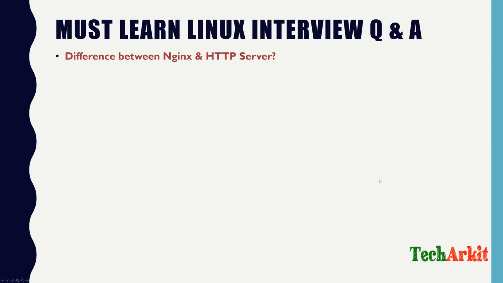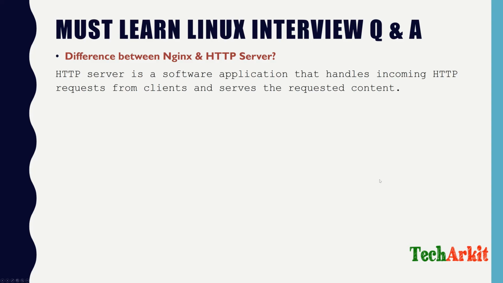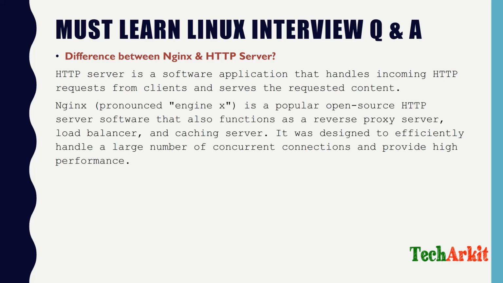Next question is, what is the difference between Nginx and an HTTP server? An HTTP server is a software application that handles incoming HTTP requests from clients and serves the requested content. Nginx, pronounced "engine-x", is popular open source HTTP server software that also functions as a reverse proxy server, load balancer, and caching server.